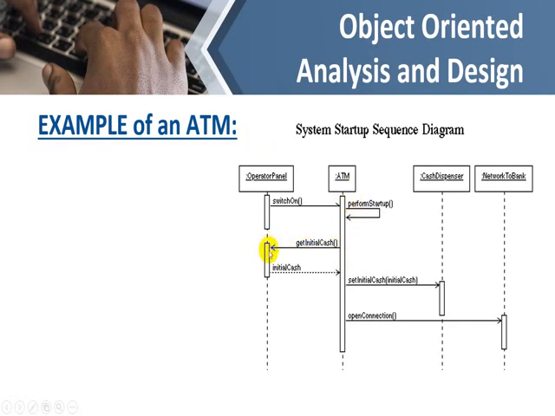It asks for the initial cash. From the operator panel we send the initial cash. Then it is set into the cash dispenser. It also sends a message to the network of the bank to get connected. So this is a sequence diagram in which we turn on or start up an ATM machine, right?